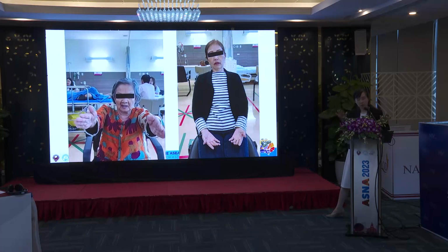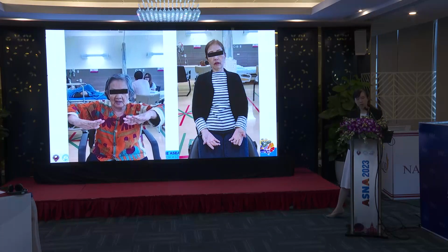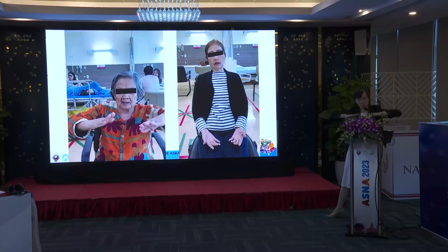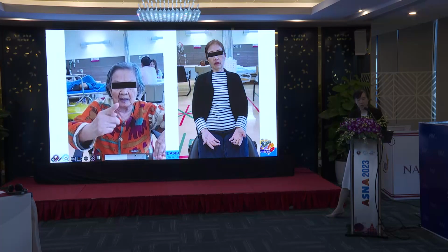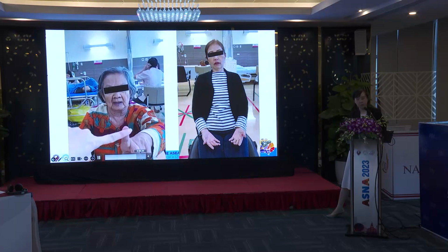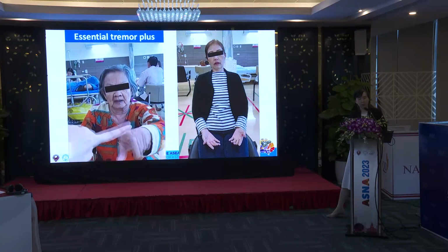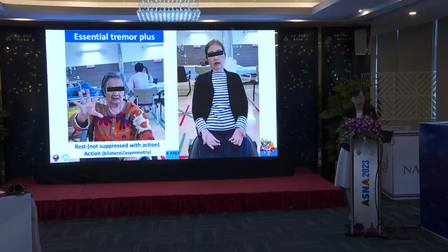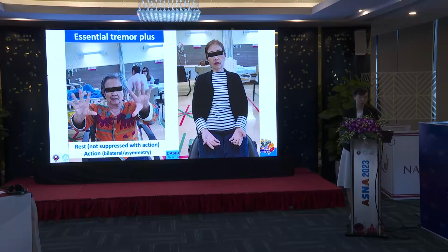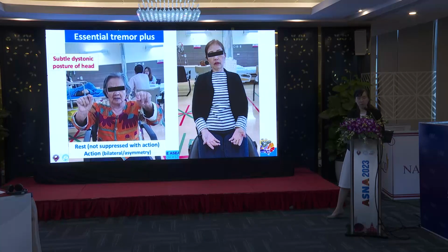And she also has tremor in all positions, with this position and wing-beating positions. And she also has a kinetic tremor with an intentional component. And sometimes she has head tremor as well. So this is ET plus because she has rest tremor in the same limb as the action tremor, bilateral even though asymmetric, and has a subtle dystonic posture of the head.